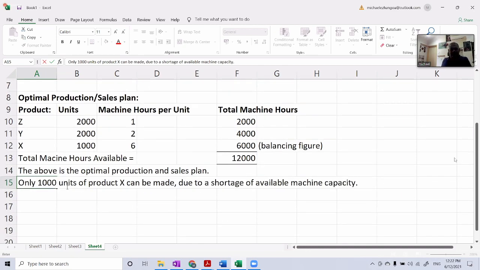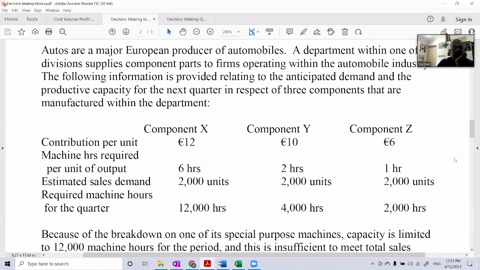All right. Demand is 2,000, but we can only produce 1,000. We are short. We don't have sufficient capacity as such. That is not an overly complicated question, is it? Right? Yeah. Now, this was example 1 here.